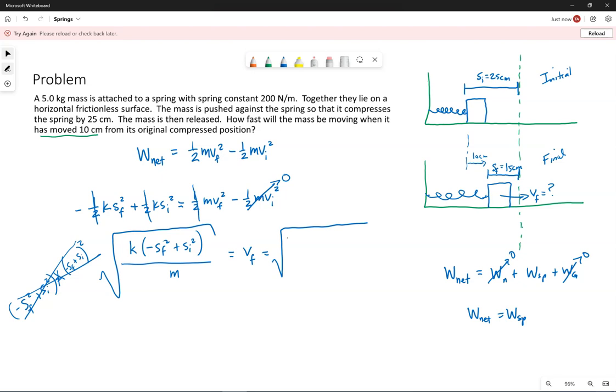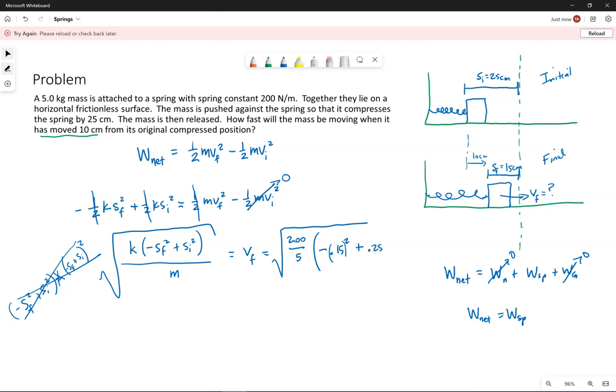All right, so K is 200 newtons per meter, mass 5 kilograms. S final is our 0.15 meters, and that in here is what's squared. The negative sign is not part of the term that is squared, so we do end up subtracting this piece.